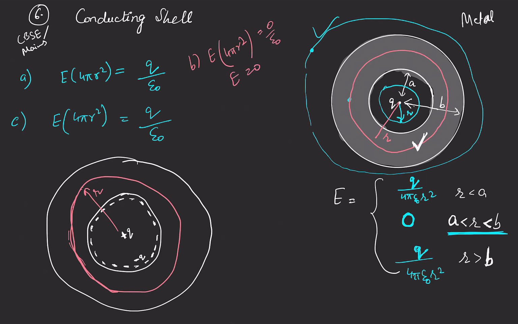But since the net charge on the conducting shell has to be Q, it's given that the net charge on the sphere is Q, it will also accumulate a plus Q charge on the outer surface, uniformly distributing a plus Q charge on the outer surface area of the conducting body.